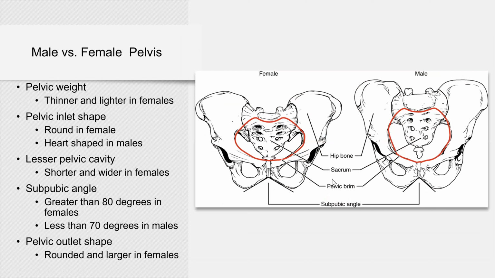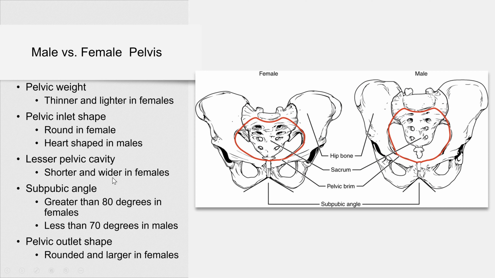Okay, so by the way, here's male versus female pelvis. The differences are in pelvic weight. It's thinner and lighter in females. Pelvic inlet shape is different, round in female and heart-shaped in male. So you can see this, highlighted in red, is our inlet. So it has a lesser pelvic cavity.